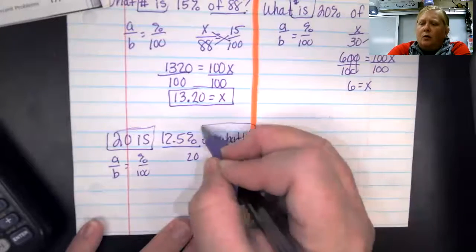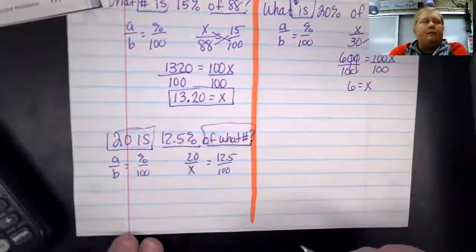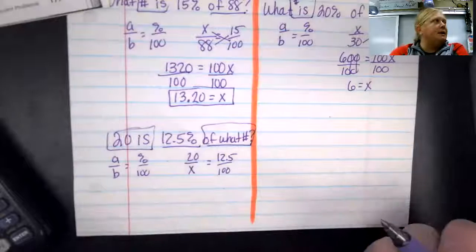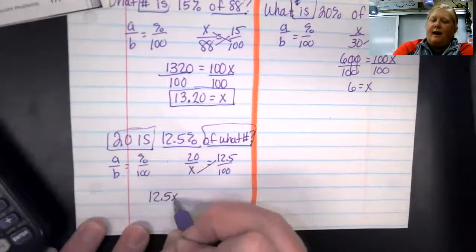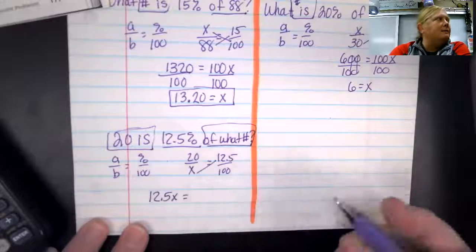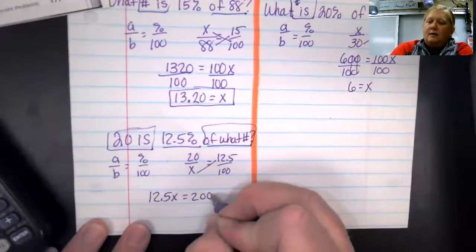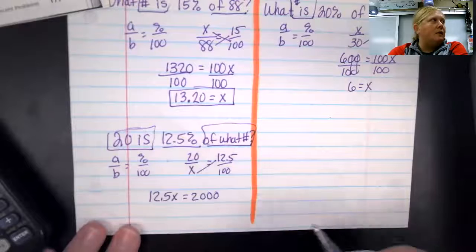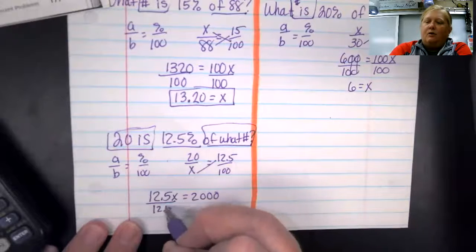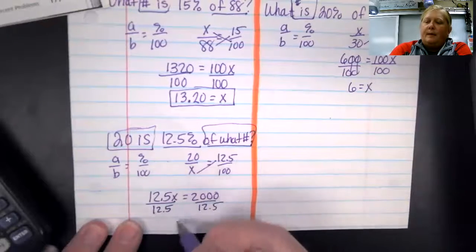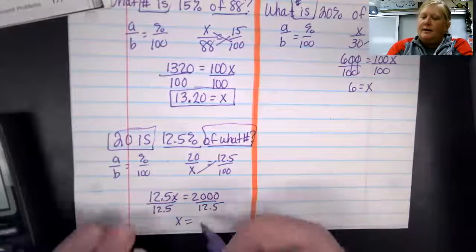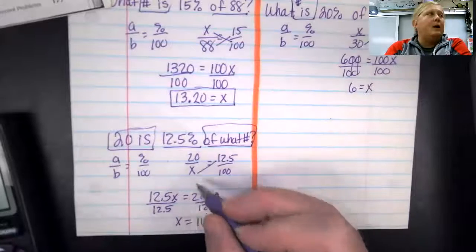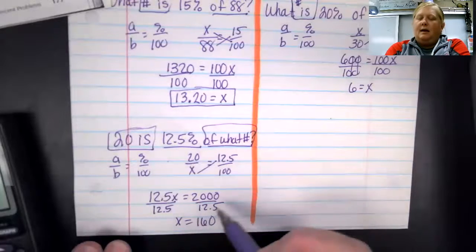I don't know what of is, that goes on the bottom. I'm all set to go. x times 12.5 is 12.5x equals 20 times 100, which is 2,000. Divide each side by 12.5. And 2,000 divided by 12.5 is 160. So 20 over 160 is 12.5%.